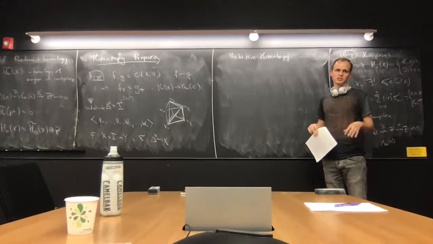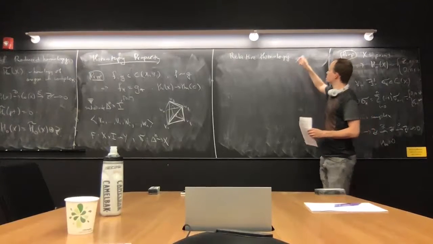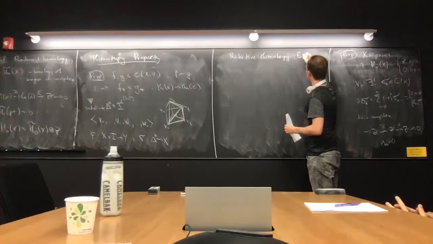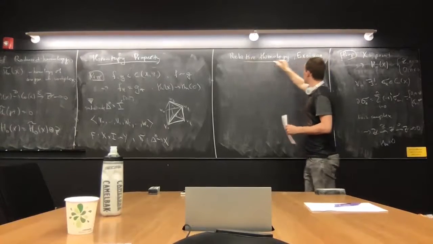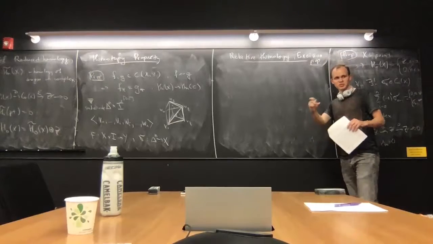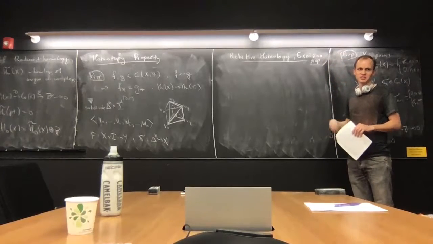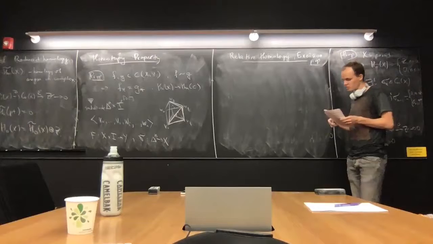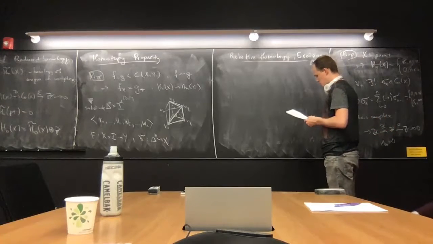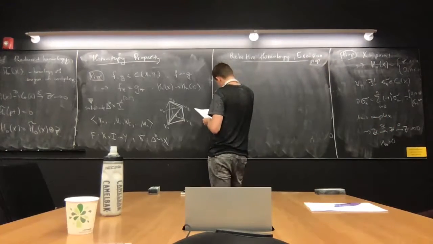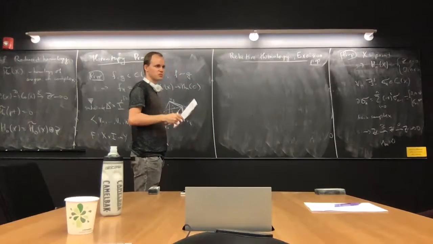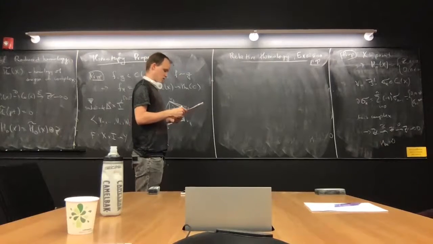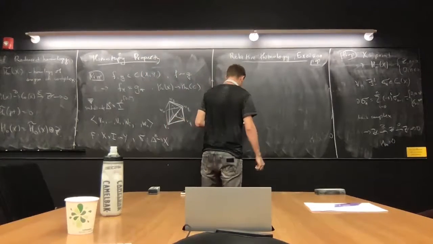You want it to be homotopy invariant, and you want it to have the excision property. The excision property is something about cutting out pieces of the space and seeing how the homology changes or doesn't change. And in fact, this is going to be the idea behind the Mayer-Vietoris sequence for singular homology.